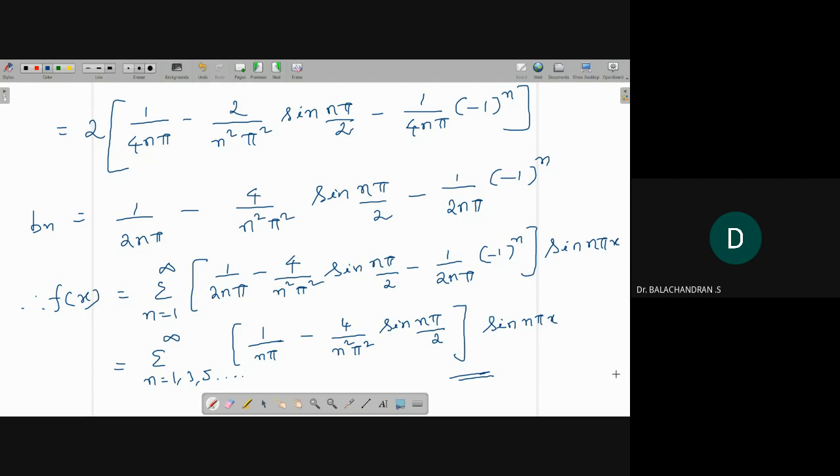Sometimes the mark difference is maximum, they will reduce 1 mark. I am telling this from the exam point of view. If you want to get full marks, you should try in the most simplified form. But it depends upon the examiner.